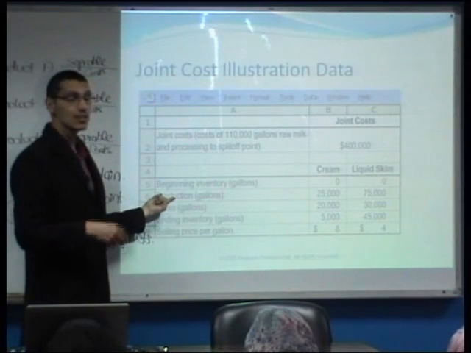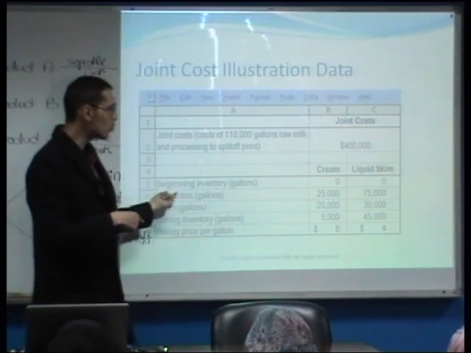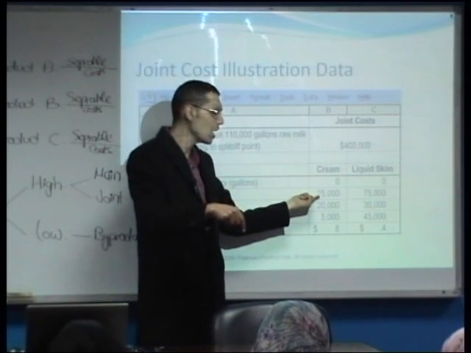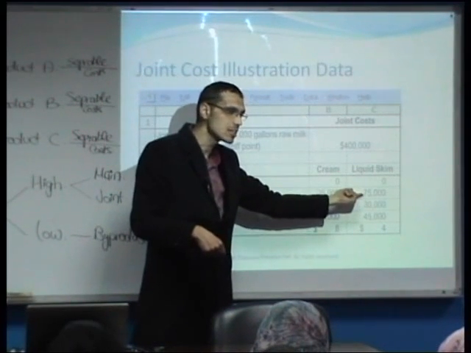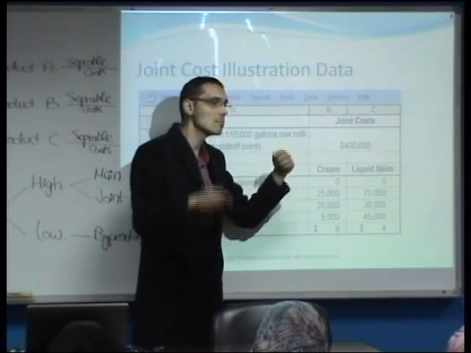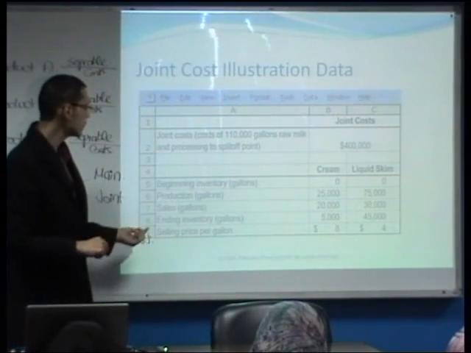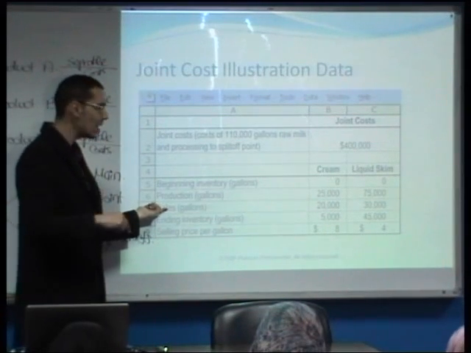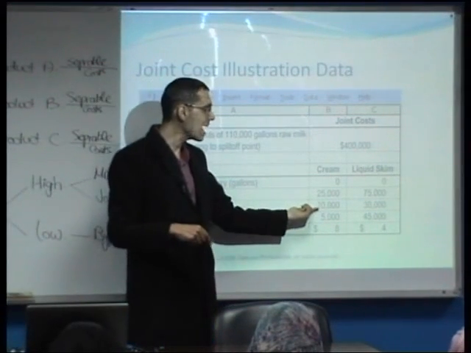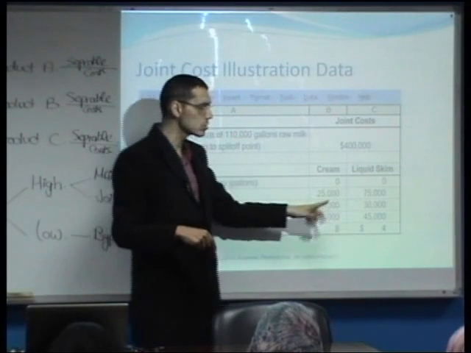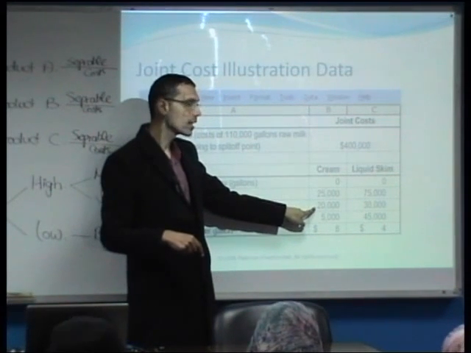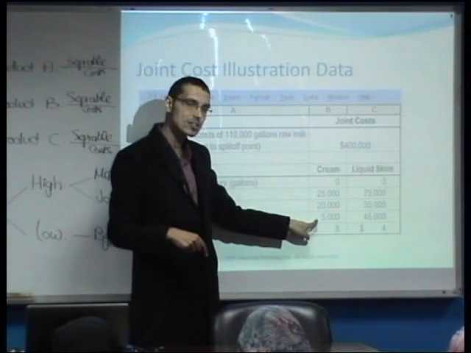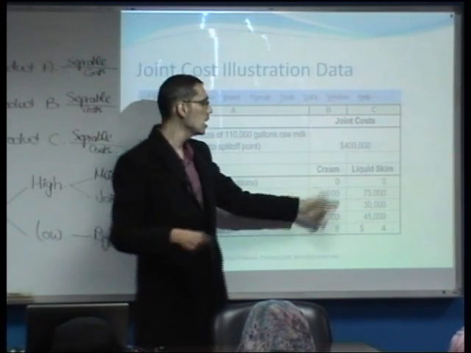The production, as the example stated, is 25,000 gallons of cream and 75,000 gallons of liquid skim in May 2012. We sold 20,000 gallons and 30,000 gallons. If we sold 20,000 and we had 25,000 available, then 5,000 would be the ending inventory. Here it is the same.